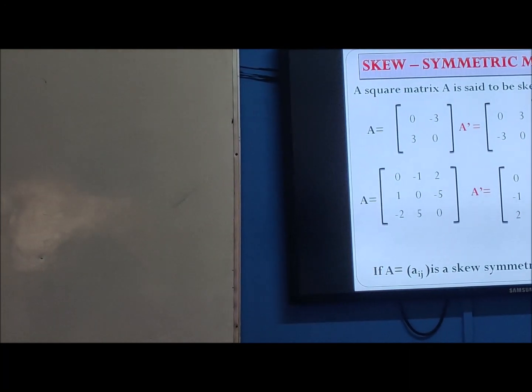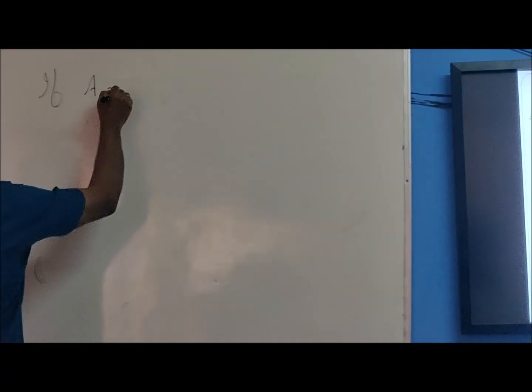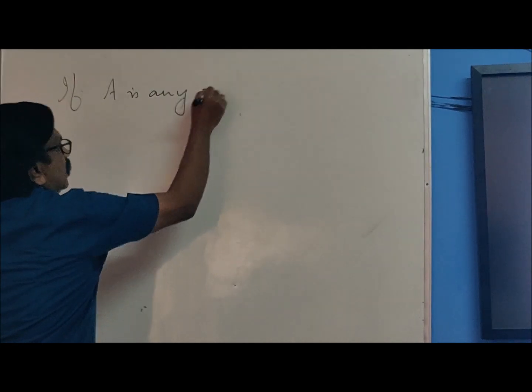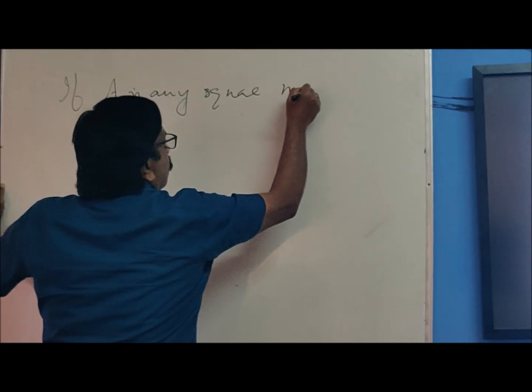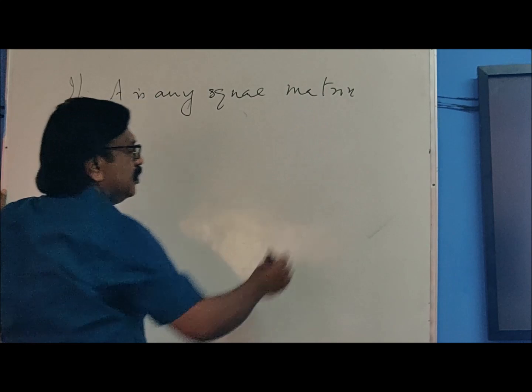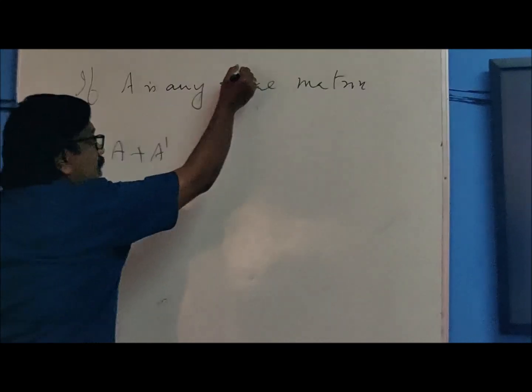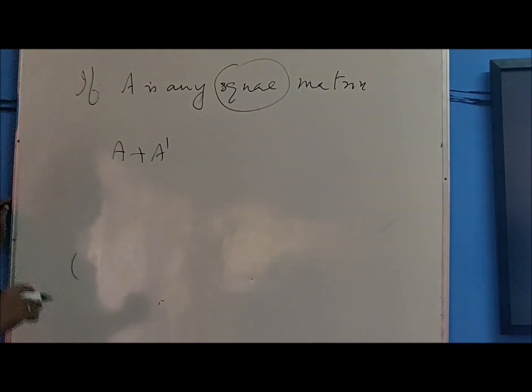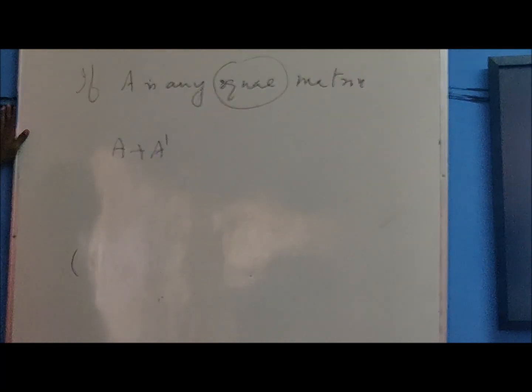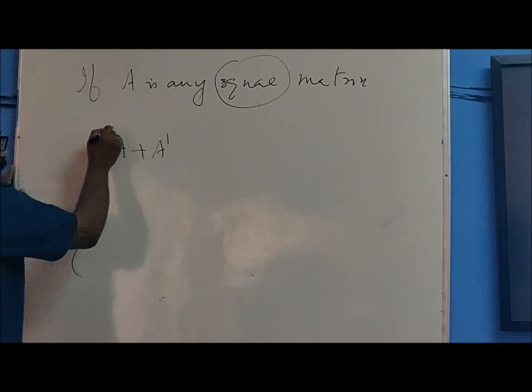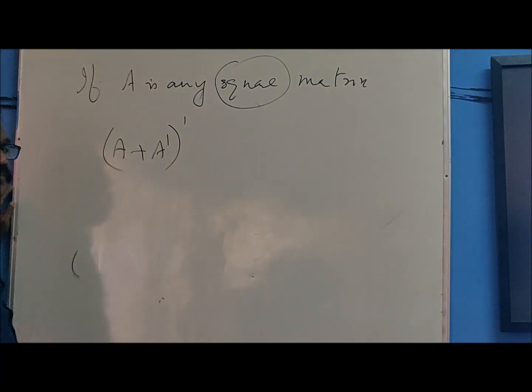Suppose A is any square matrix, or any other matrix, then consider A plus A transpose. It is applicable for any matrix, in particular square matrices. If A plus A dash, what is the transpose of A plus A dash?